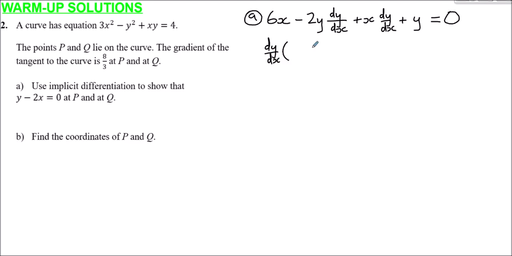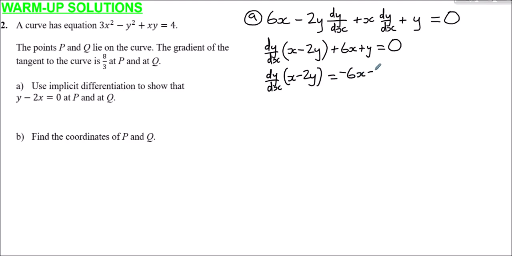So dy by dx, I've got x there and minus 2y over there, plus 6x plus y equals 0. If I now rearrange, dy by dx times x minus 2y must equal minus 6x minus y, by just subtracting 6x and subtracting y from both sides.